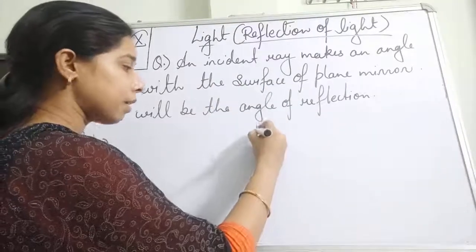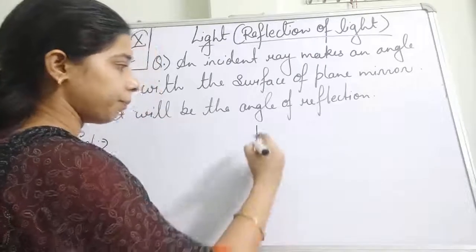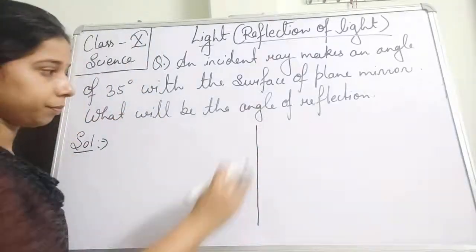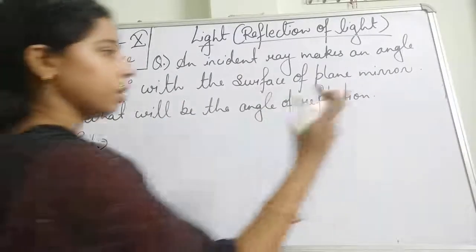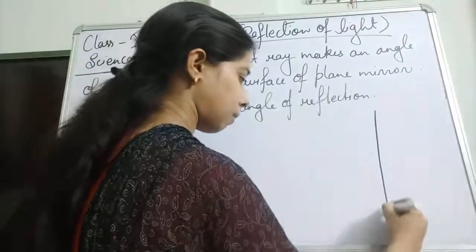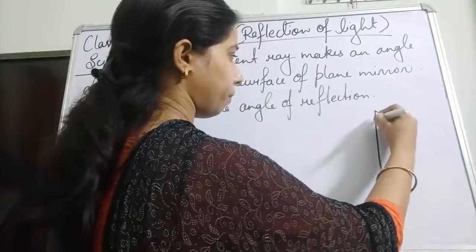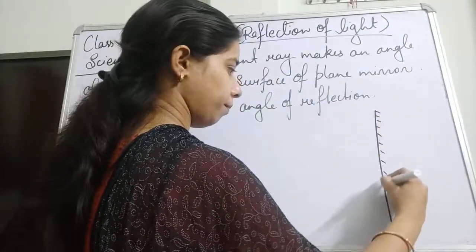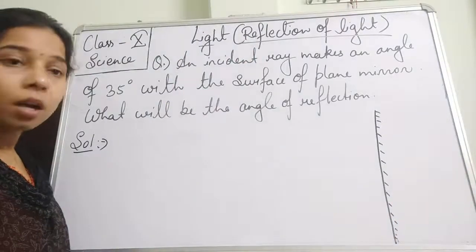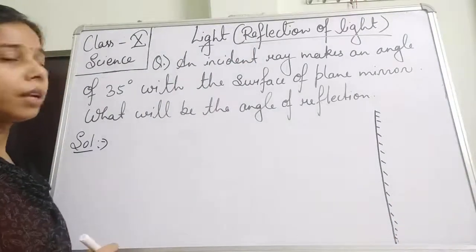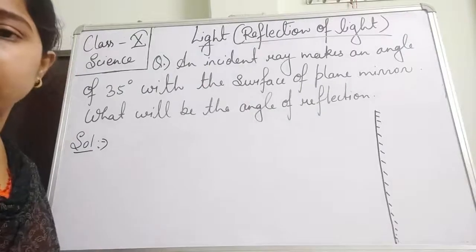Try to understand this question with the help of a diagram. This is a plane mirror, and an incident ray falls on the surface of the plane mirror.